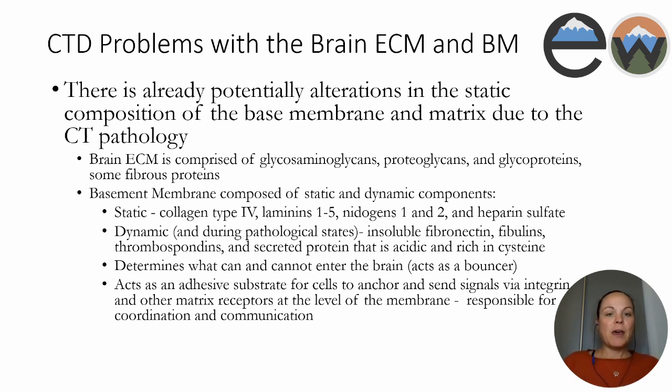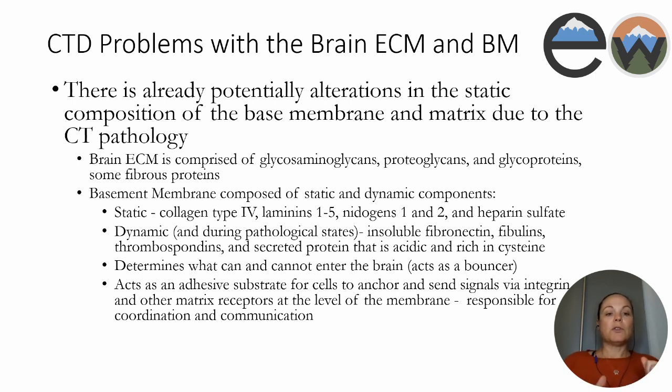Just a reminder that the brain has an extracellular matrix and also has a basement membrane. These are composed of extracellular matrix and connective tissue, as are a lot of the barriers within the central nervous system that are supposed to be protecting our neurological tissue from any outside threats.